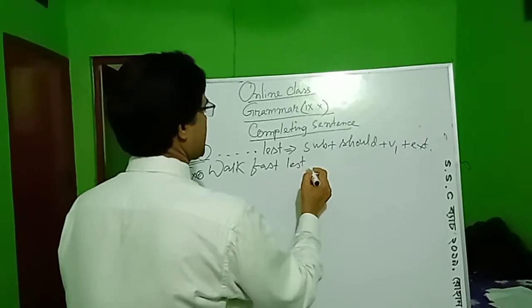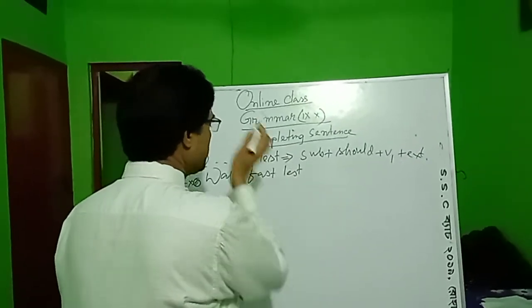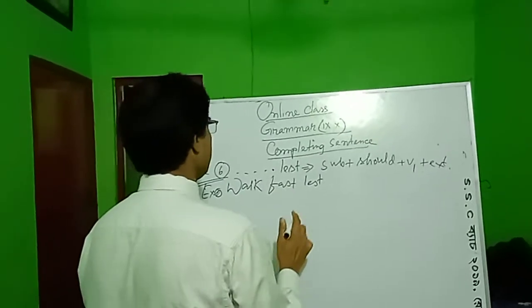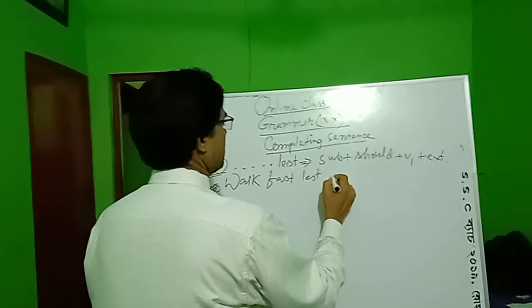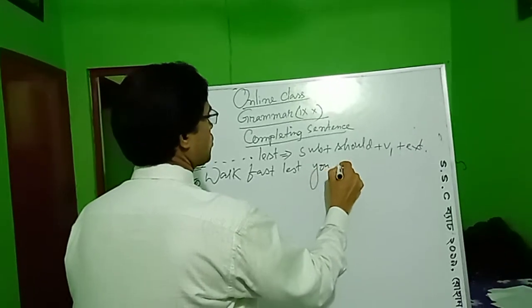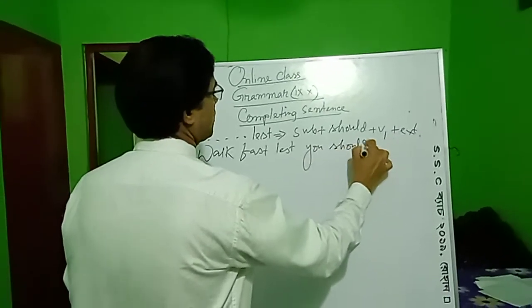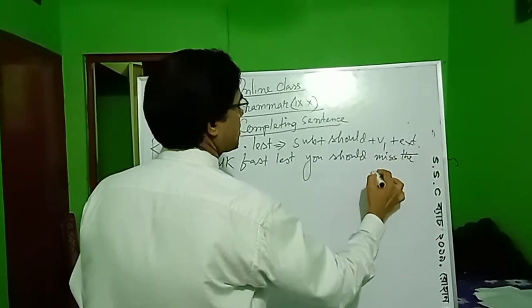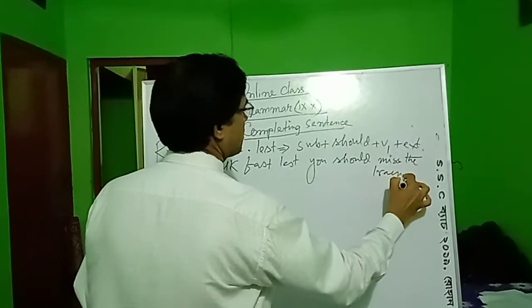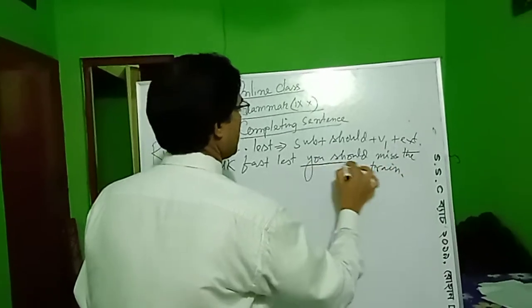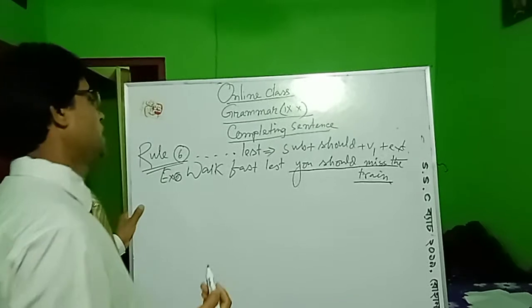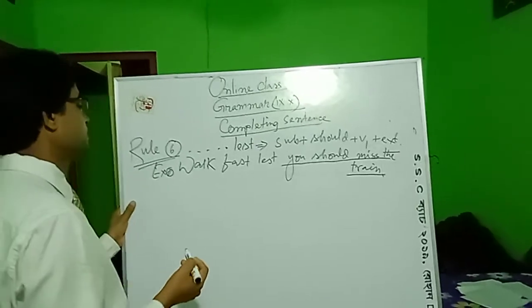Work fast, lest. If we think the Bengali meaning of this sentence, we will think that you should miss the train. And you will underline the last part of the sentence.